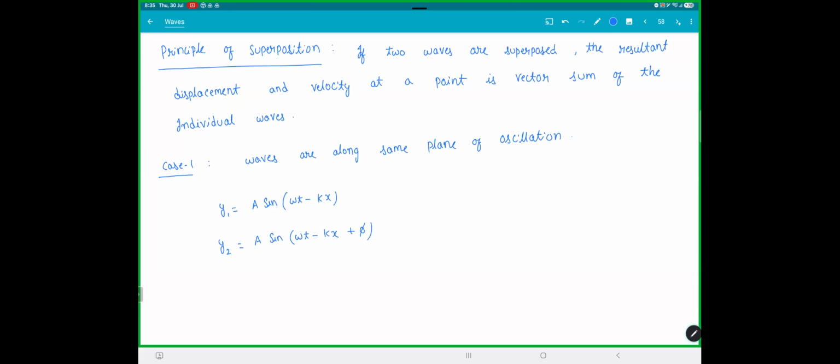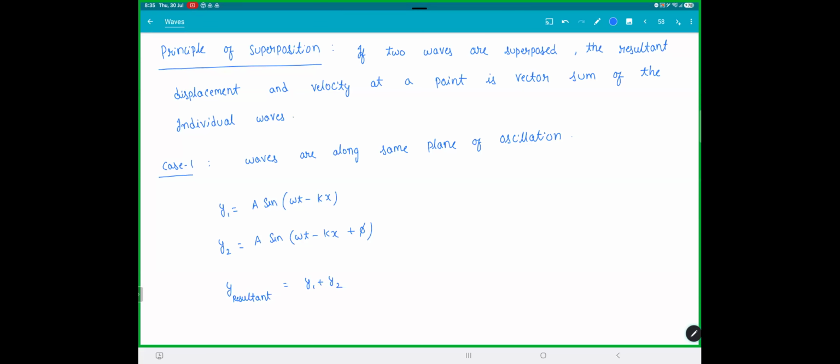I hope you guys remember how to add two sine functions with a phase angle. Anyone remember? We call it phasors. We have done this in SHM. Y resultant is y1 plus y2.